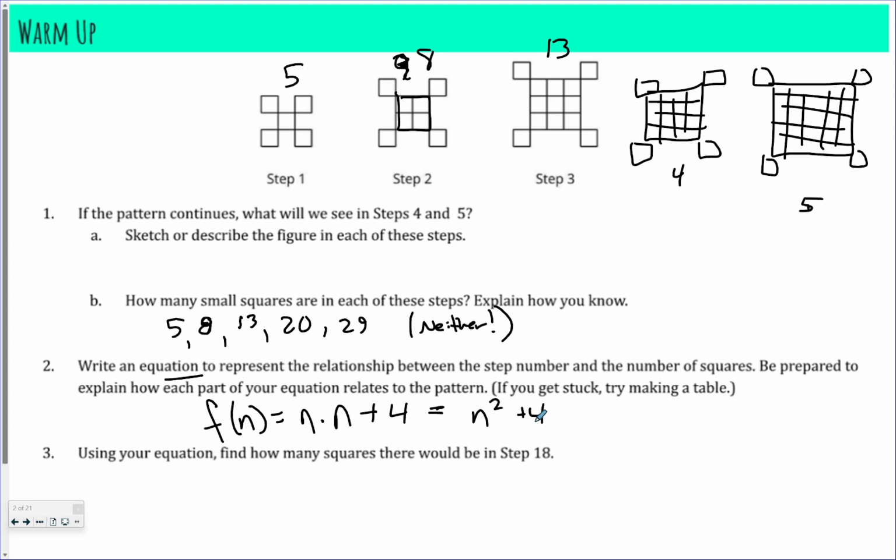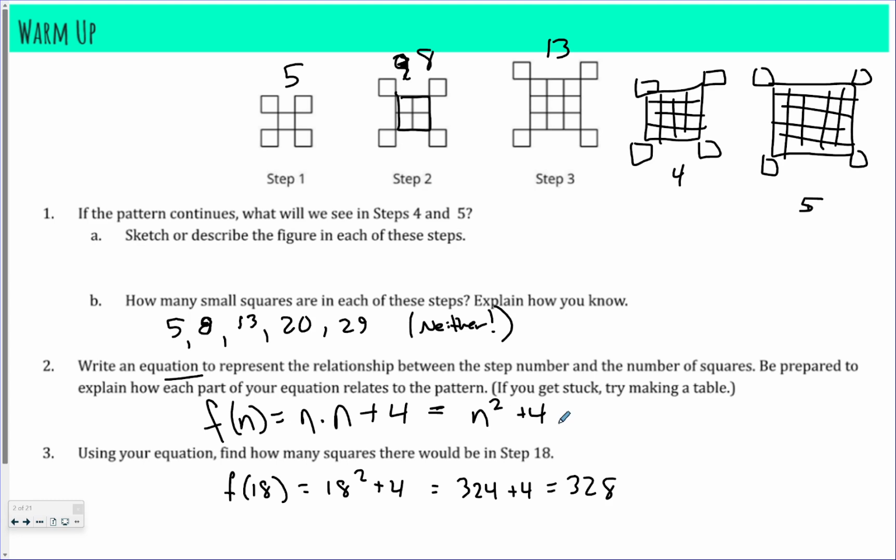Now, how many squares would be in step 18? So f of 18 is equal to 18 squared plus 4, which is 324 plus 4, or 328. So 328 squares would be in that one, and we can do that directly because it's an nth term equation.